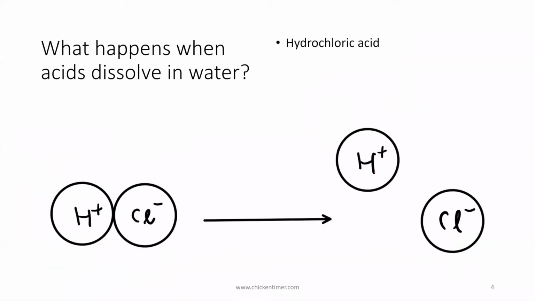So here is a more detailed explanation. You have the hydrogen chloride, or hydrochloric acid, molecule. When you dissolve it in water, these two will break up and go their separate ways.